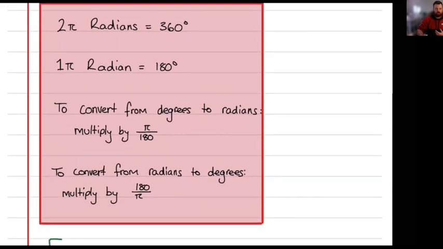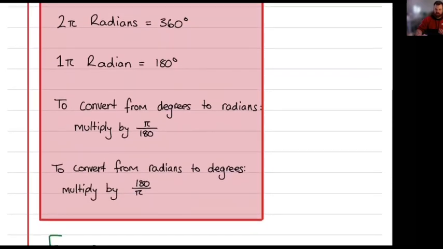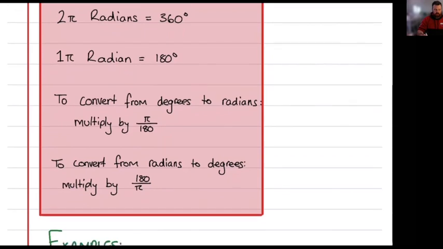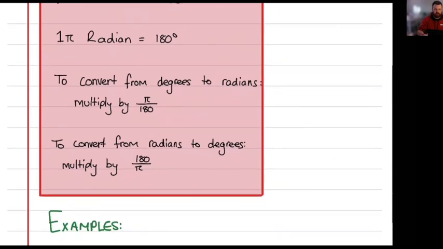So moving on. 2 pi radians is equal to 360 degrees. Pi radians is equal to 180 degrees. And we've got a couple of ideas to convert. To convert from degrees to radians, we multiply by pi over 180 degrees.